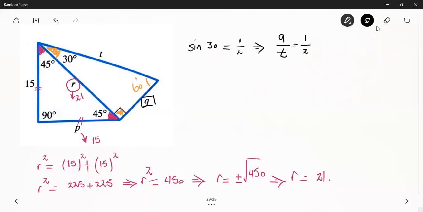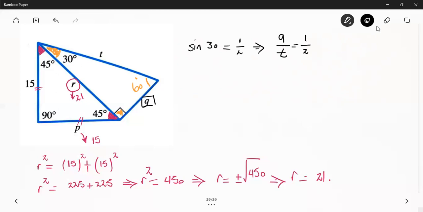You see that it's not going to be very helpful, because now we have two unknowns. Previously it was easy, because if I knew the hypotenuse, it was easy to find Q. Now I do not know either the hypotenuse or Q.